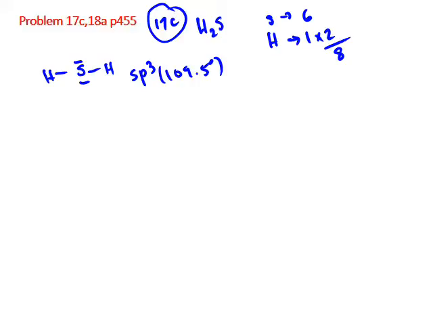So now you can write down here H-S-H. This is not going to be quite 109.5 because the 2 unshared electron pairs on sulfur are going to squeeze that angle to a smaller value than 109.5. So let's write it down like this. And now we can answer the question about what kind of intermolecular forces are there.